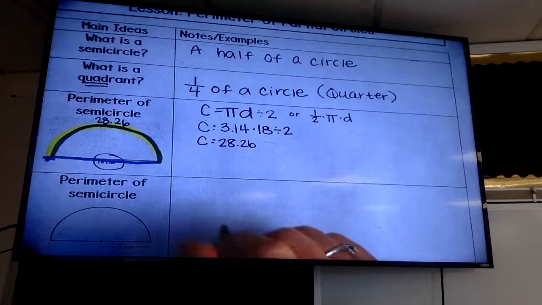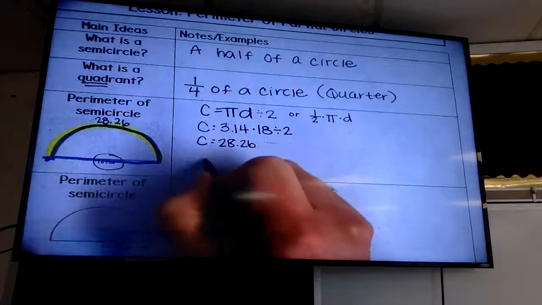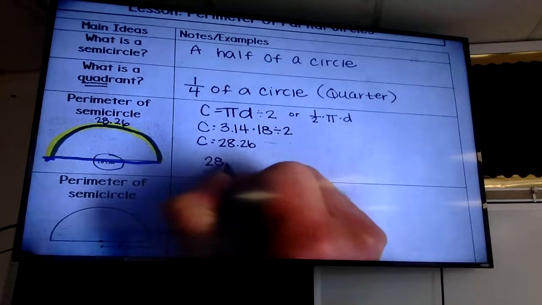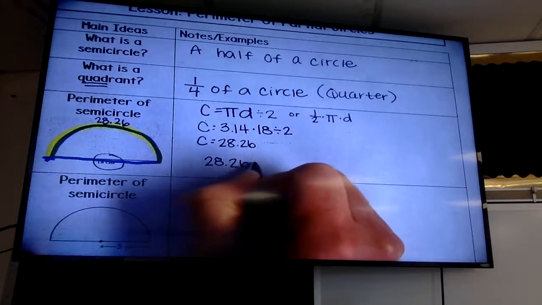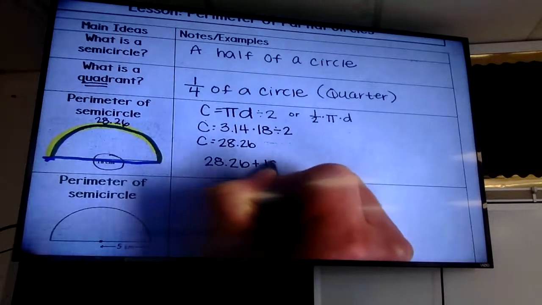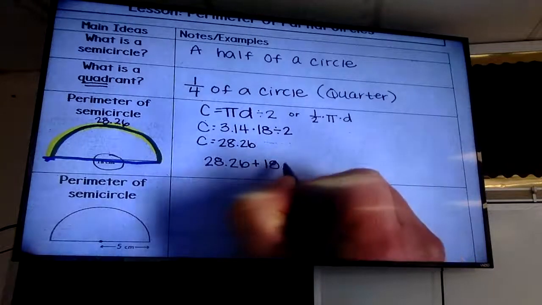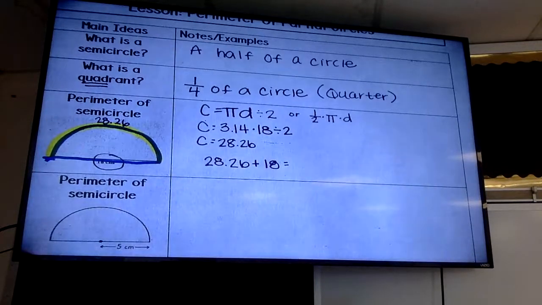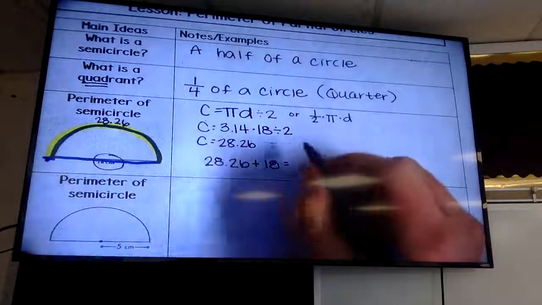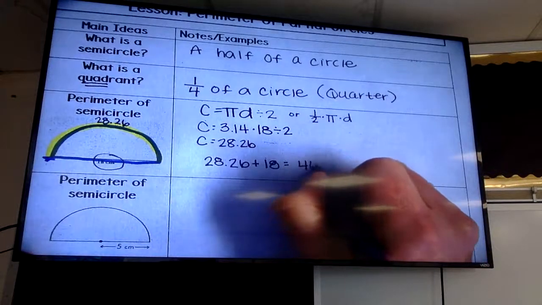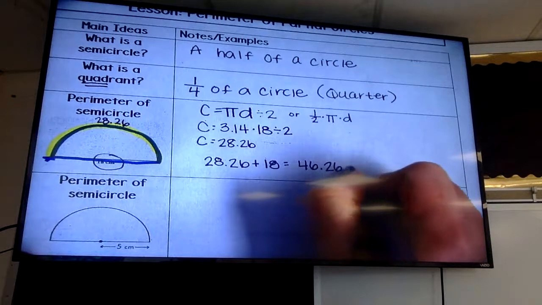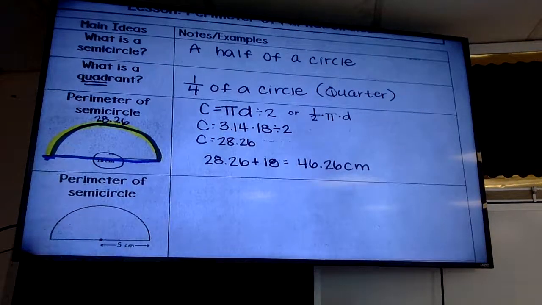So then I have an additional step when I'm finding perimeter. I have my arc, which I know is 28 and 26 hundredths, plus my straight diameter to get back, which was 18. So that'll give me my total answer, which to go around the semicircle, I went 46 and 26 hundredths centimeters.